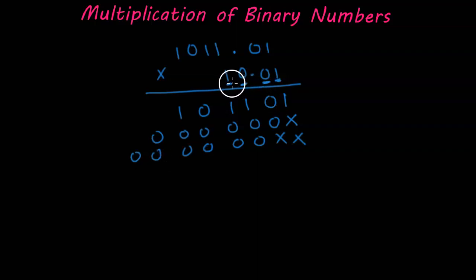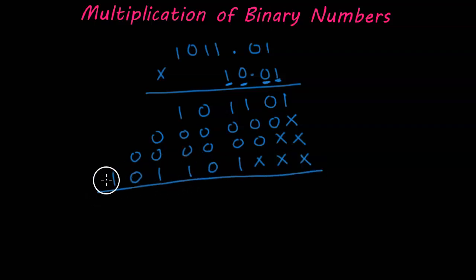And then comes the last digit, which is again 1. So you leave three spaces now. And then you multiply. So 1 into 1 is 1, 1 into 0 is 0, then 1, 1, 0 and 1. And now you add all of them, column wise. So we have 1, 0, 1 plus 0 plus 0 is 1. 1 plus 1 is 2. Now 2 is written as 1, 0 in binary.